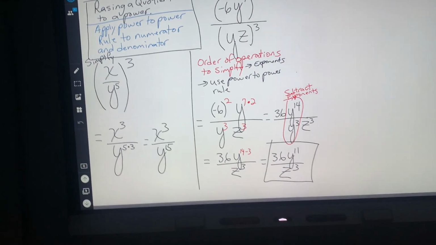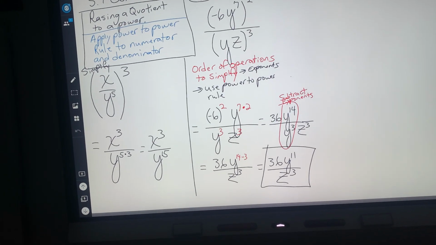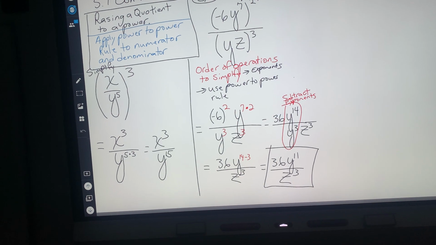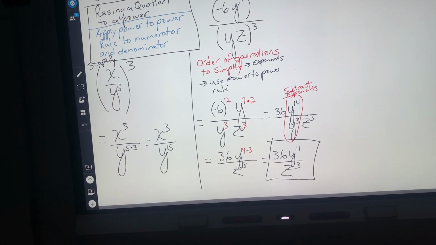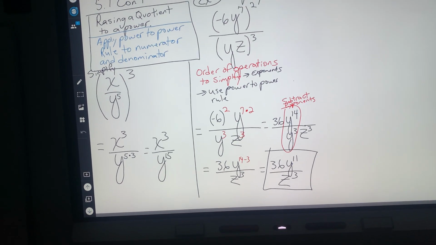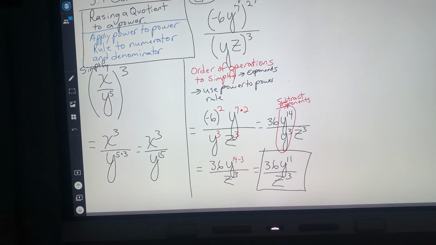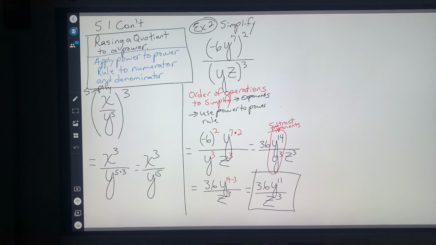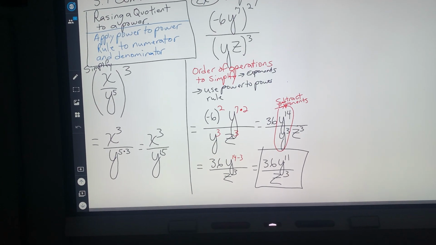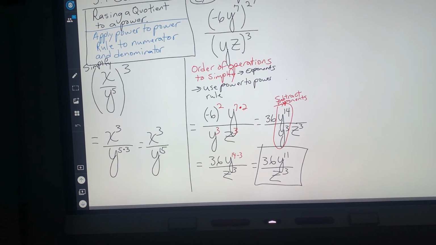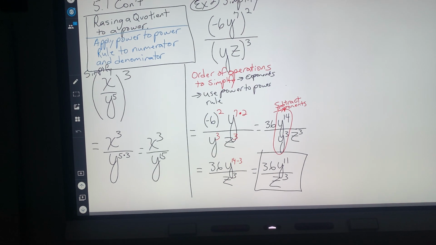And as you can see in example 2, there's multiplication between the coefficient and the y. So as long as there's multiplication between things there, that power will go to each one of those things on the inside.